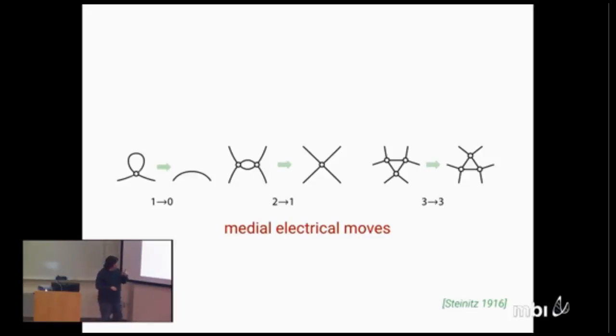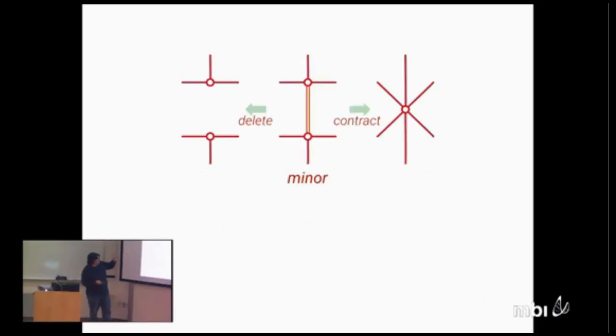That says the electrical problem is formally harder. The way I'm going to do that is first by reasoning about when you either delete or contract edges in the original network that you're trying to simplify, not in the medial graph. So I'm considering the difference between the difficulty in reducing the original graph and the difficulty in reducing any minor, that is anything I get by either deleting or contracting edges.